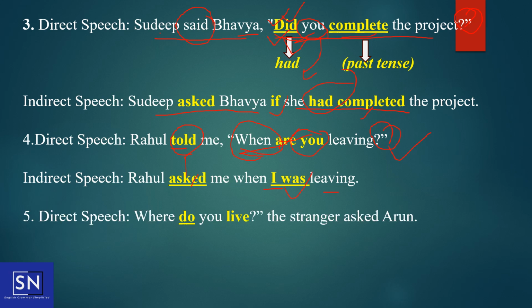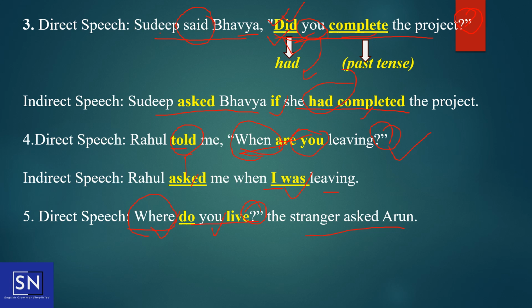Next one. Where do you live? The stranger asked Arun. Again, it is an interrogative sentence, and in interrogative it is WH. So the stranger asked Arun where, then the subject you will change to he, and do live will change to lived.